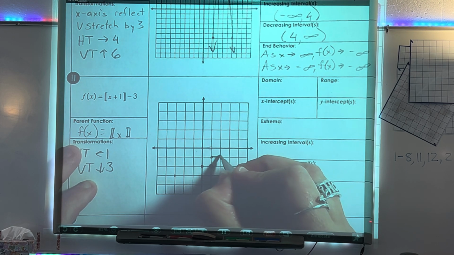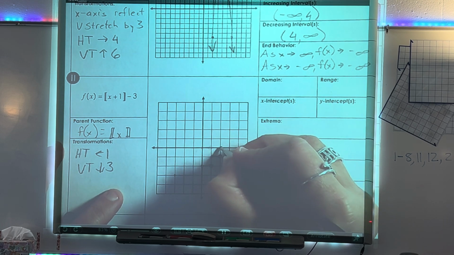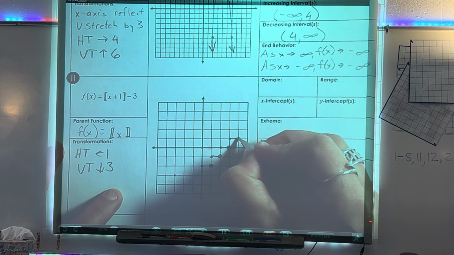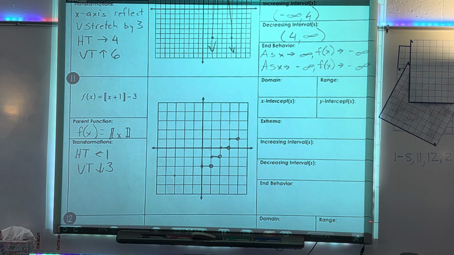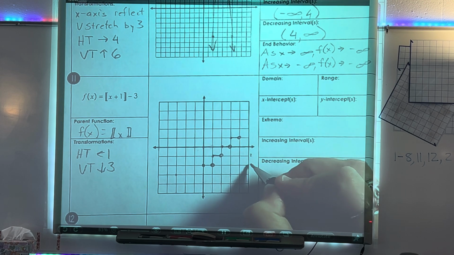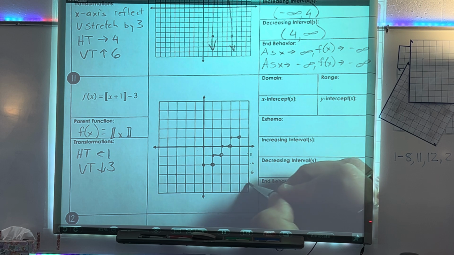This one's filled, left side's here, open here. Are you counting each of your boxes as 2? So this is 2, this is -2, this is -4, -6, -8.